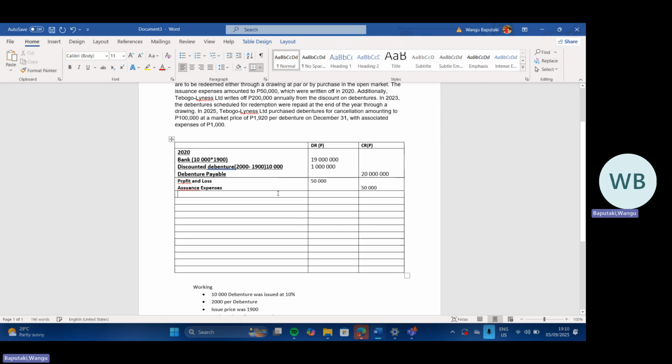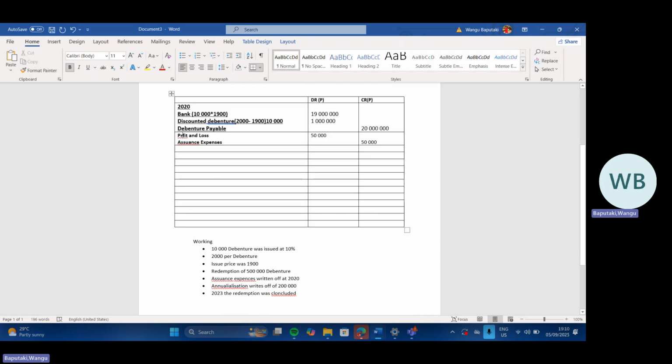Moving forward, still in year 2020, I debit the profit and loss. We were told that 200,000 was amortized, so I'm going to debit profit and loss with 200,000.